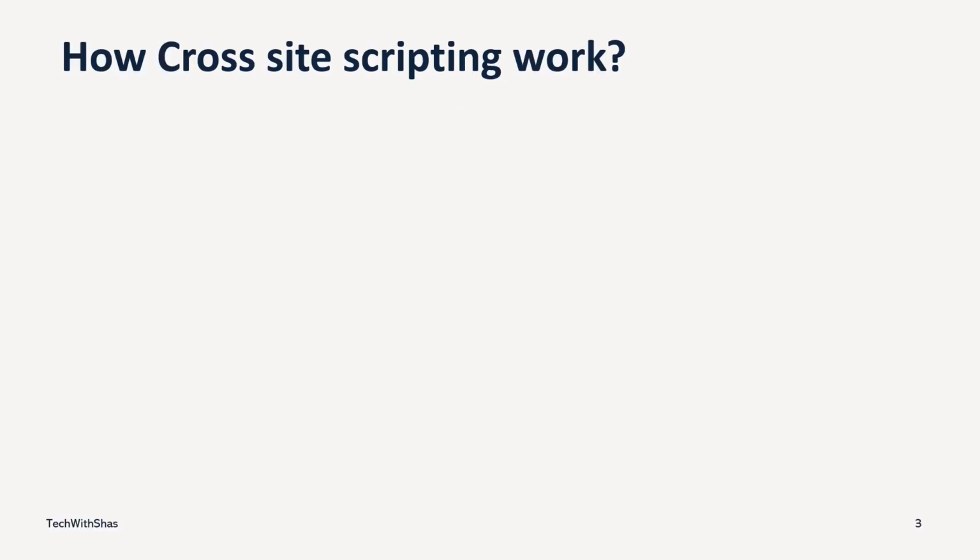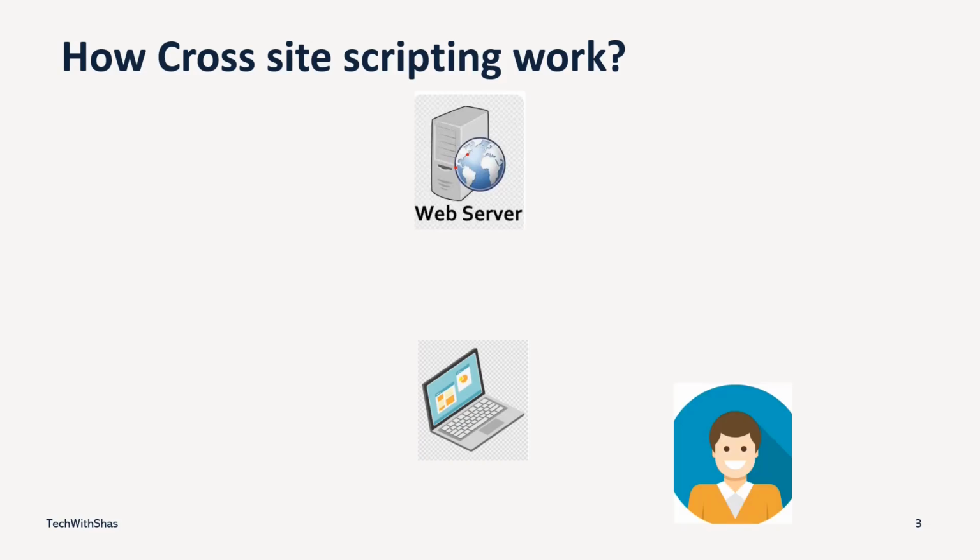So let's see how it works. Whenever we have an application up and running, and a user wants to access it, the user simply connects to that application, then the application gets information from the backend web server and serves that information back to the user. So it's a happy path. There is no issue in that. But suppose our website or UI screens are not that secure, then what happens?